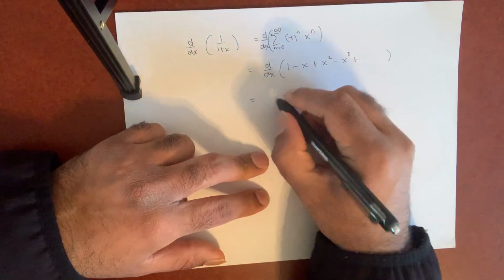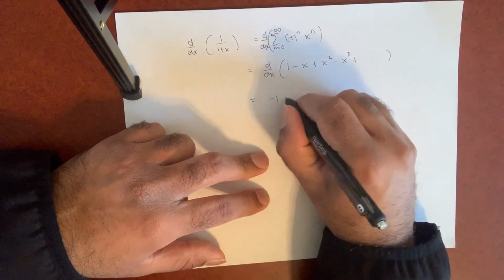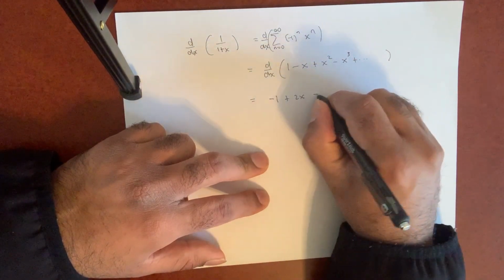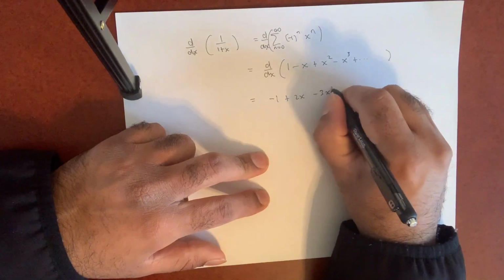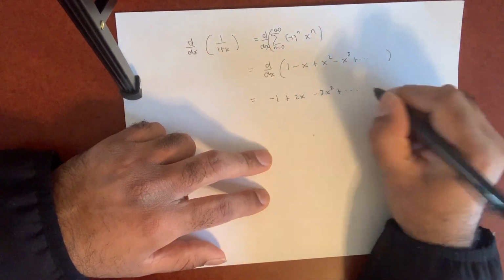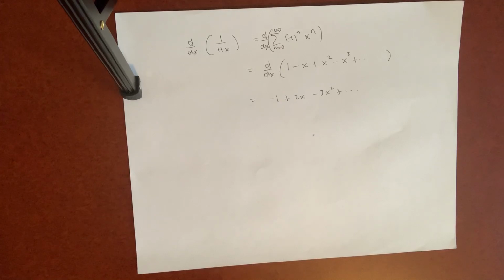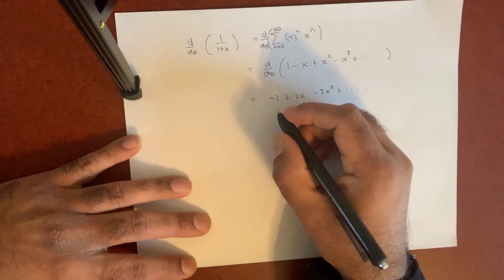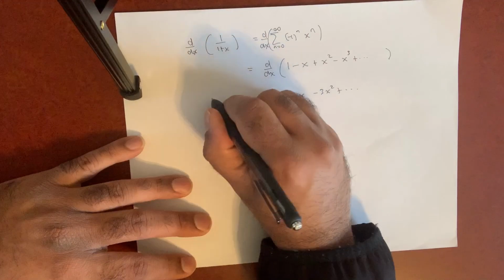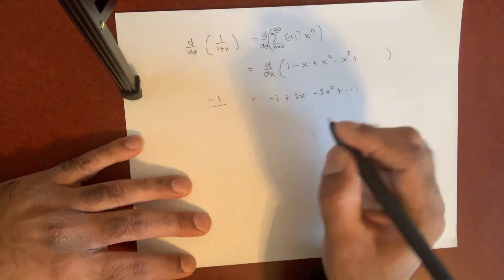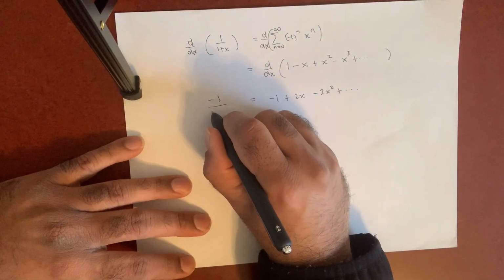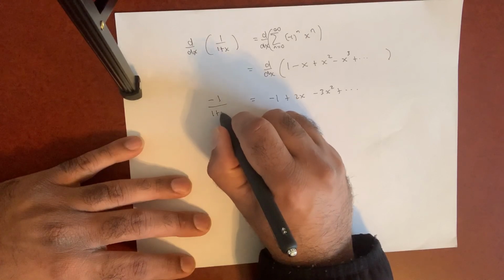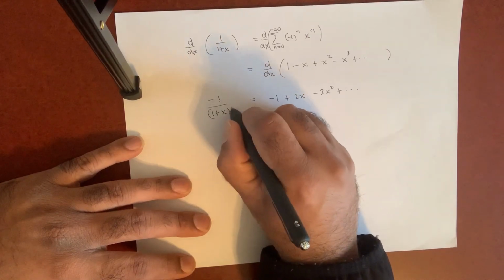So what do we get? We get -1 plus 2x minus 3x squared plus so on and so forth. And that is equal to -1 over (1 plus x) quantity squared.